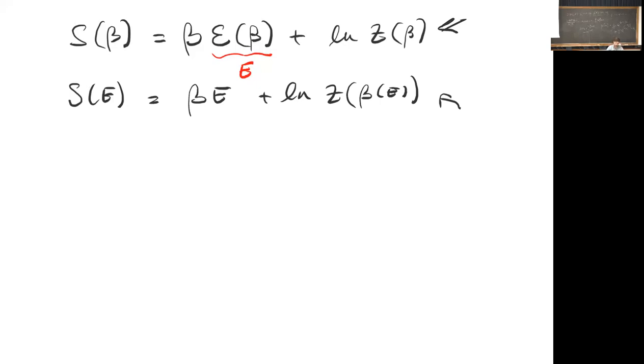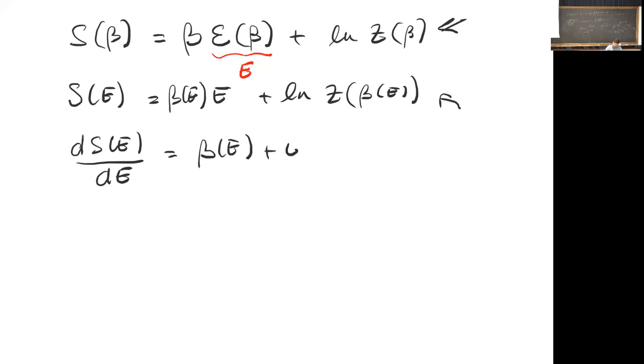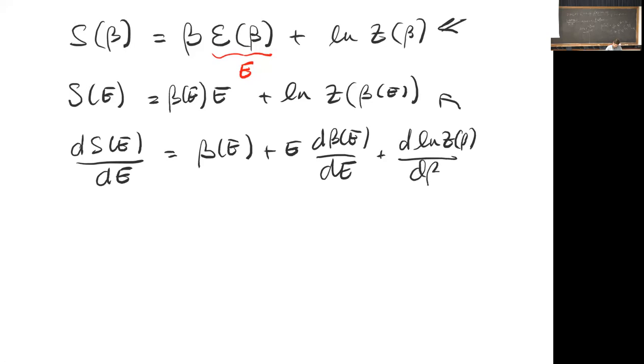And now, if I compute the derivative with respect to this constant E, which represents the internal energy, I obtain beta. This beta is a function of E, by the way. I obtain beta of E plus E d beta of E over dE plus d log Z of beta over d beta times d beta of E over dE.